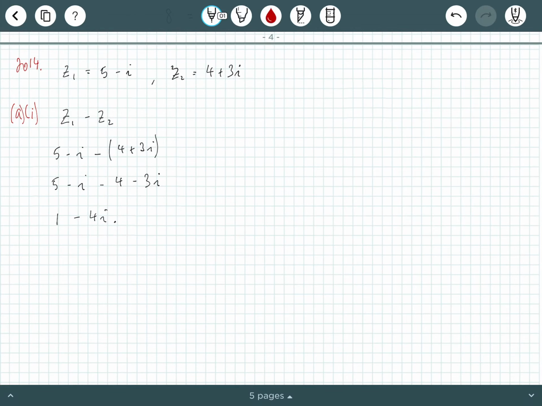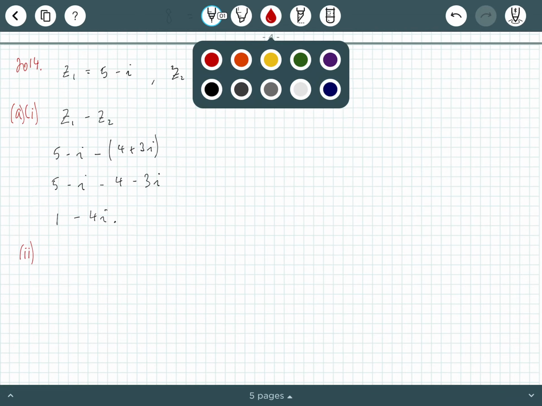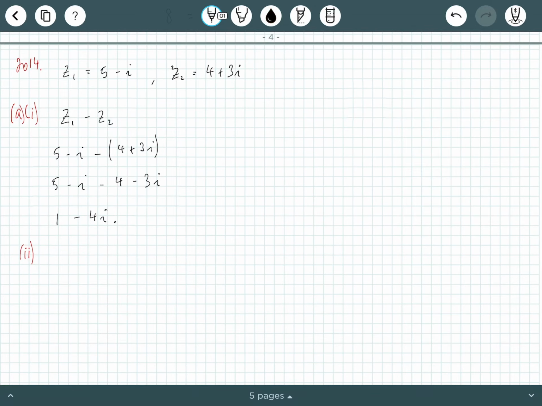Part 2 says verify that the mod of Z1 minus Z2 is equal to the mod of Z2 minus Z1. We just got Z1 minus Z2 above here, worked out to be 1 minus 4i.